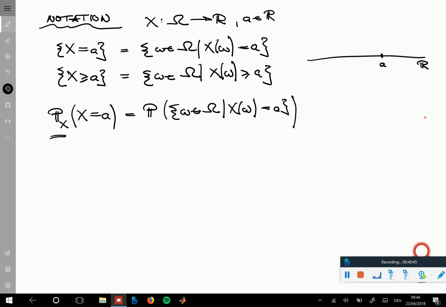Now this P_X(X = a) is defined from the setup that I've told you before in terms of the probability measure of the underlying probability space, the P without the x, of those omega in Omega, so that's the whole Omega, that map onto a.